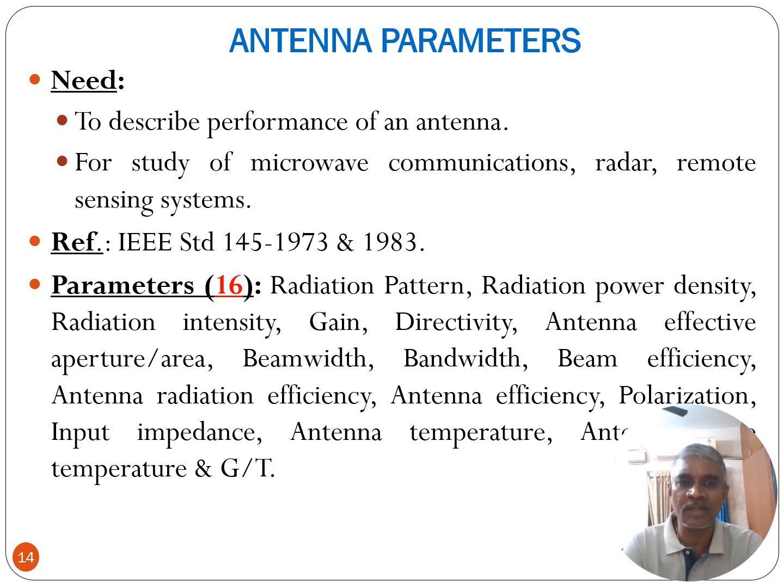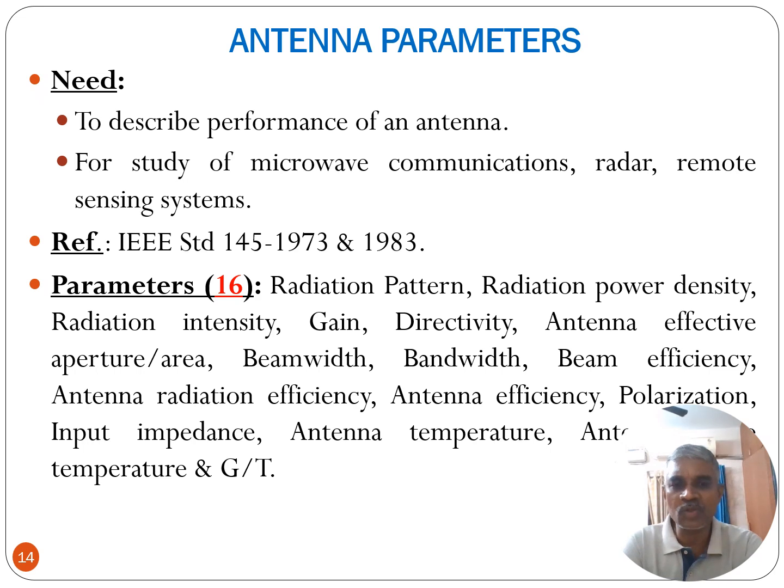Then the antenna parameters are mainly intended to describe the performance of the antenna. The performance parameters of an antenna are defined by the IEEE standard 145 document in the year 1973, which was further refined and finalized in the year 1983. There are 16 antenna parameters with respect to the input side as well as the output side.